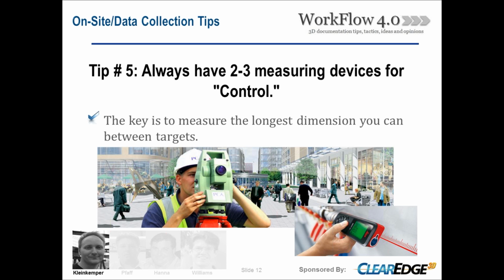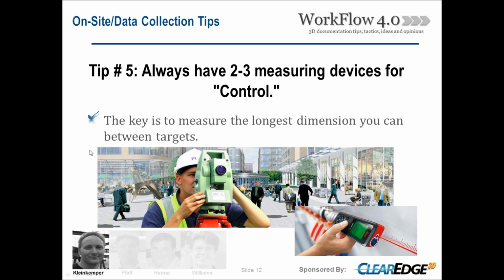A total station is by far the best instrument to gain control. On small jobs, we've implemented using a disto, but the trick is, one, get to the longest dimension you possibly can, and then compare that to the 3D scanner, and also measuring between targets.